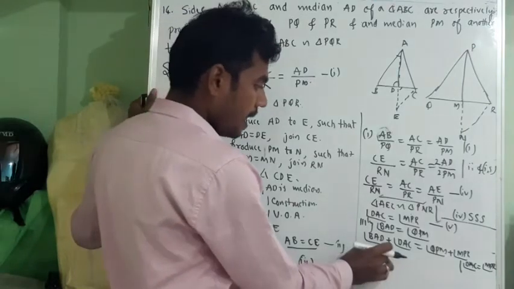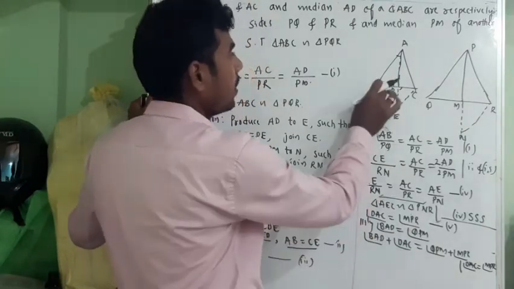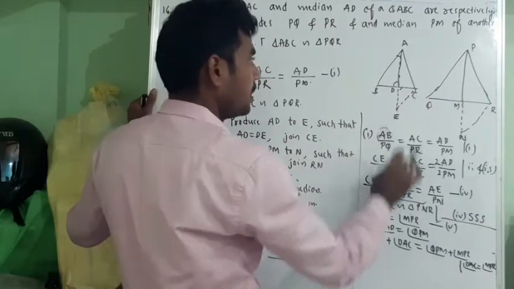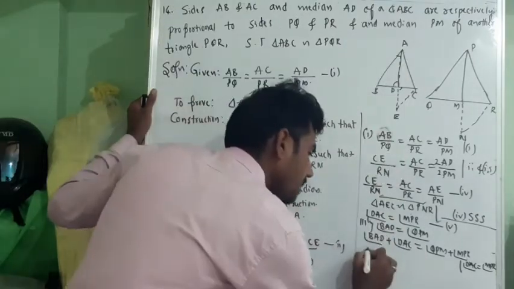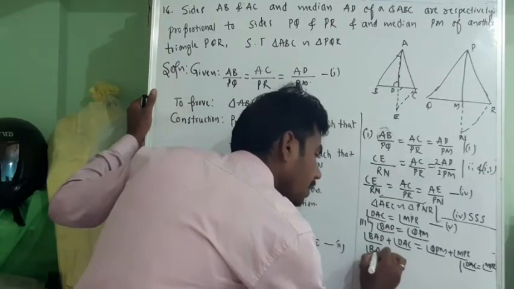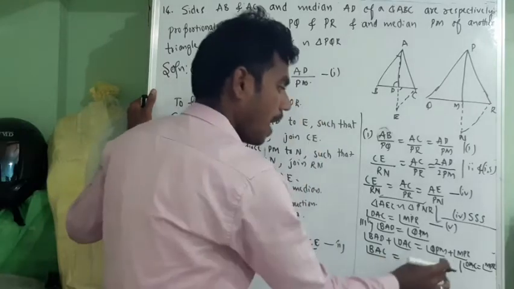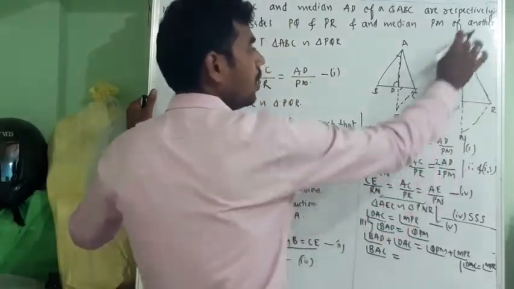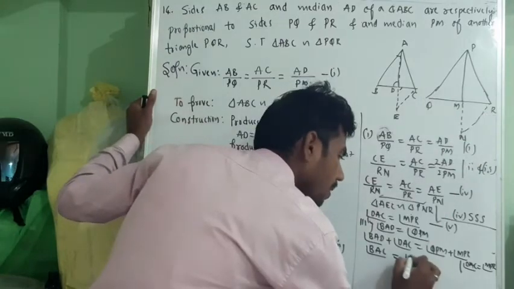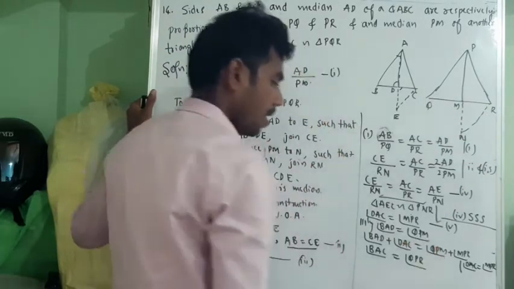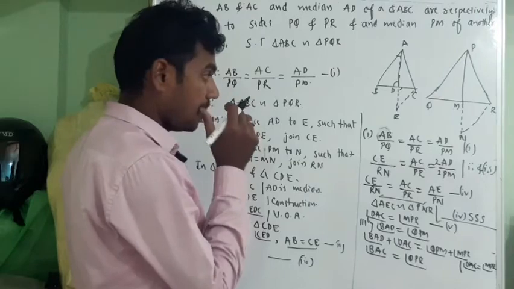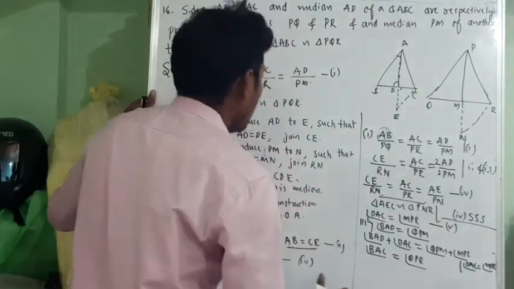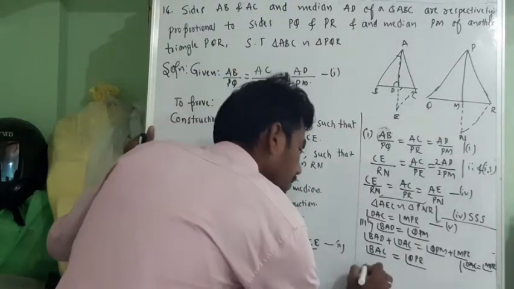So angle BAD plus DAC is equal to angle BAC, which is equal to angle QPM plus MPR. Angle QPM plus MPR is equal to angle QPR. Now, and even we have the relation AB by PQ.